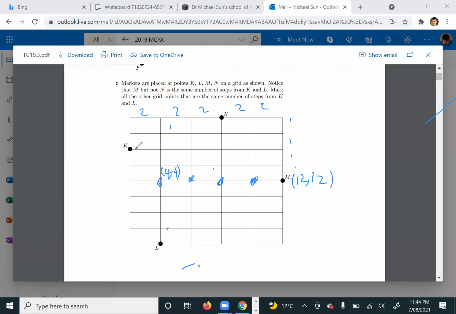Okay, so you told me you got 2, 1, 2, 1. That's 6, right? Okay, how long is it to L then? So it's 6 from K. How far is it to L?